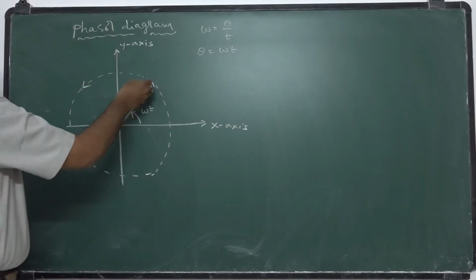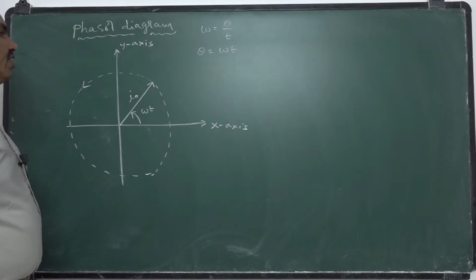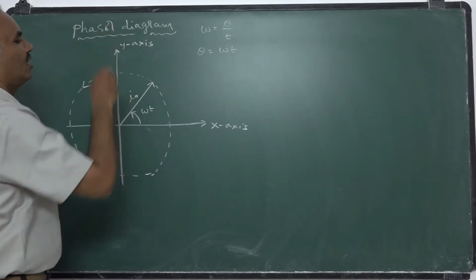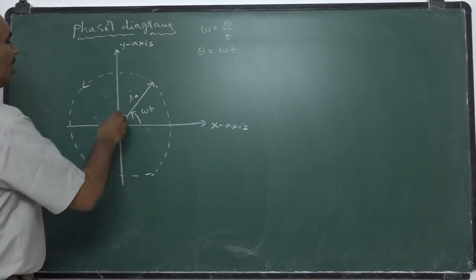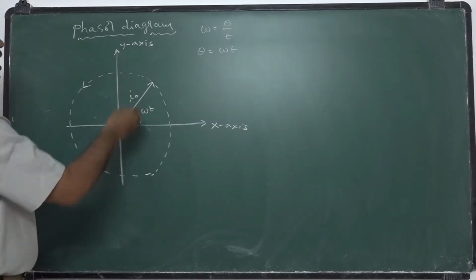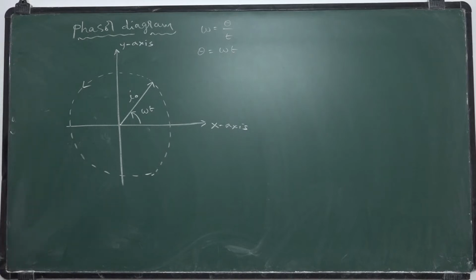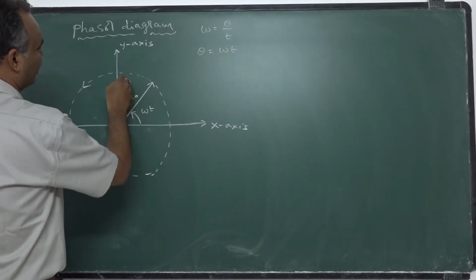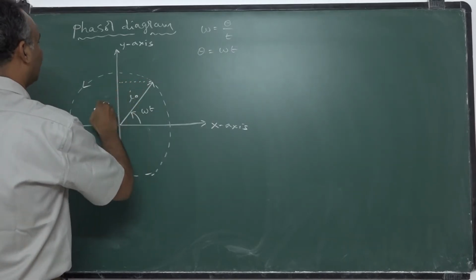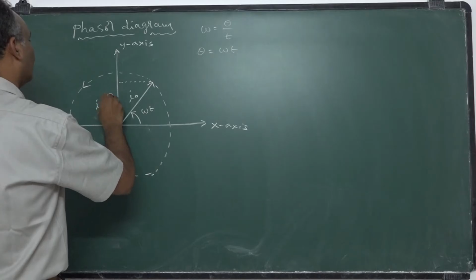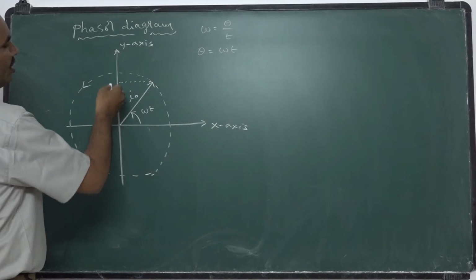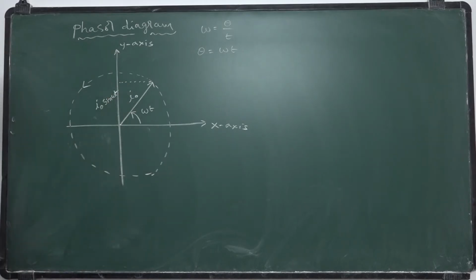Such a rotating vector representing the sinusoidally varying current is called a phasor. The rotating vector is called phasor, and this diagram is called phasor diagram. Here, if I take the components of this vector along x-axis and y-axis, the quantity along y-axis is given by I naught sin omega t, which is nothing but the instantaneous value of the current.